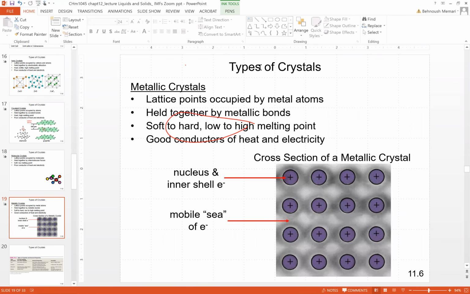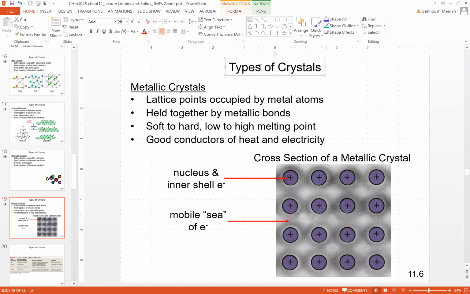Metallic crystals, these are metals. When we talk about metals, they could have a high melting point or a low one. Mercury is liquid at room temperature, but iron melts at about 1500, and aluminum melts at 700 degrees Celsius.